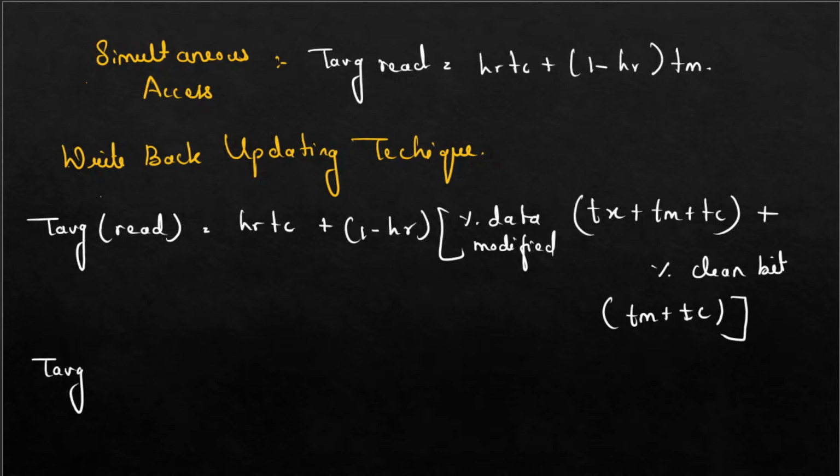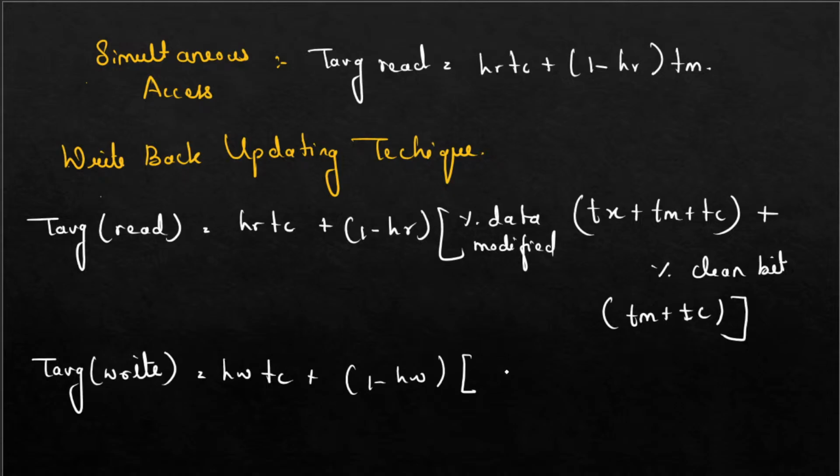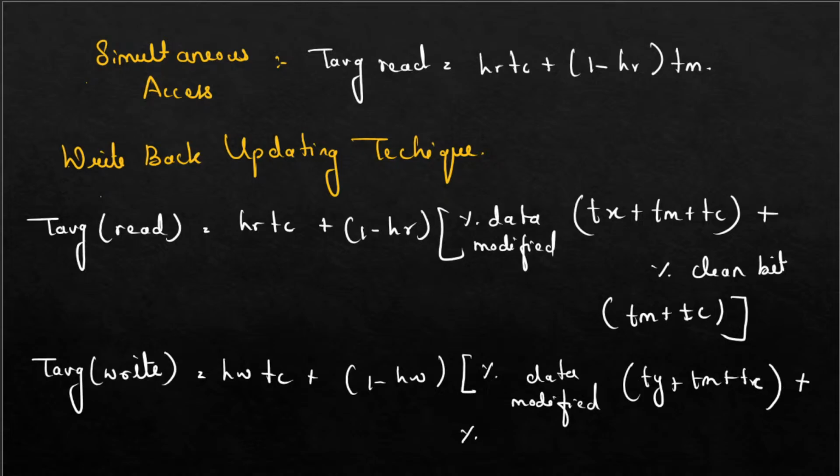After that, T average write, which is Tw Tc plus 1 minus HW, again here data modified Ty plus Tm plus Tc plus percent of clean bit Tm plus Tc. Alright.